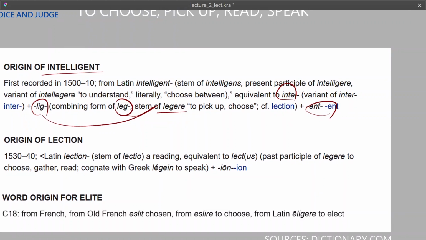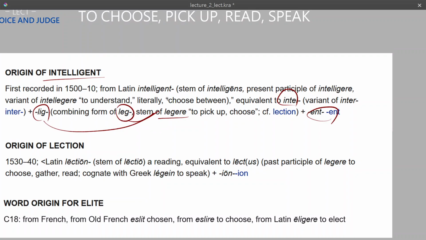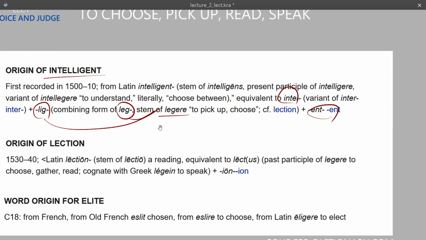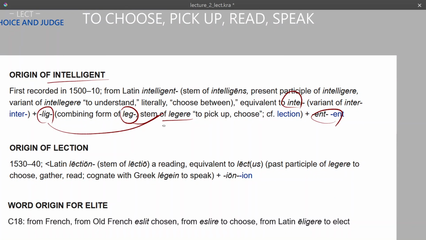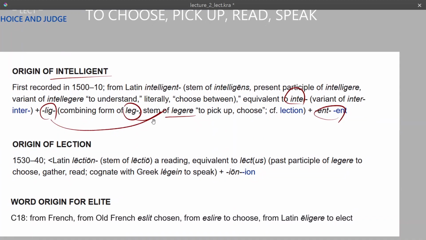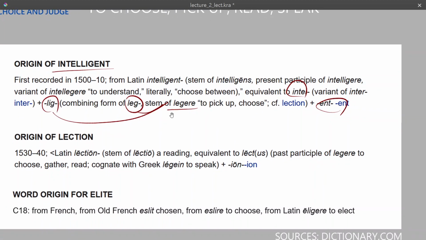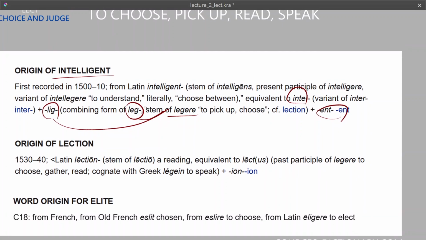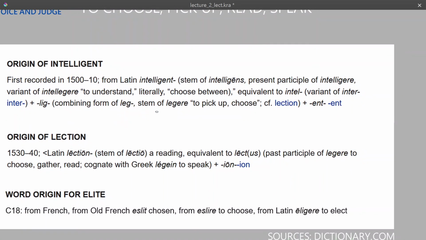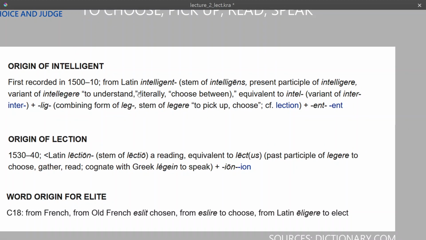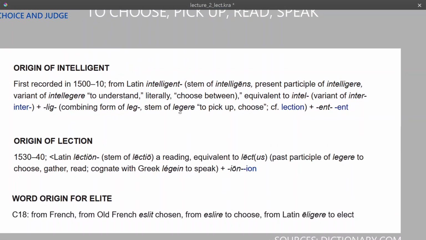It doesn't matter, I don't care about the pronunciation of these Latin words. I may pronounce it incorrectly, but that doesn't matter, because what matters is the components of the Latin words. So we have legere, and the word has two components.